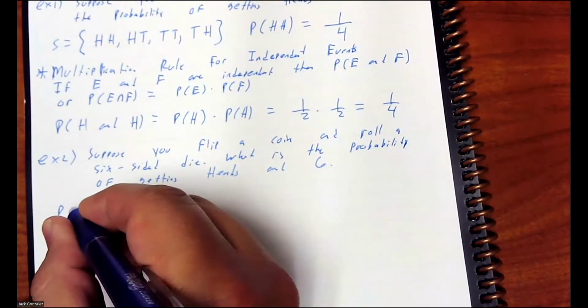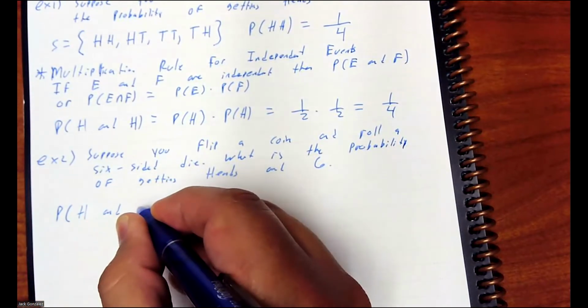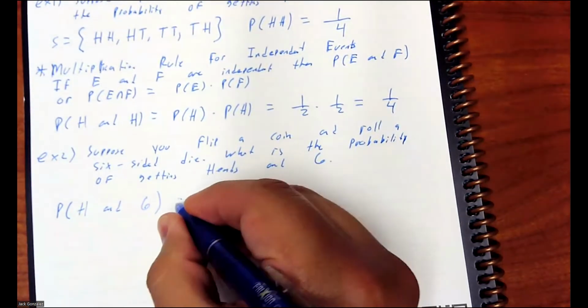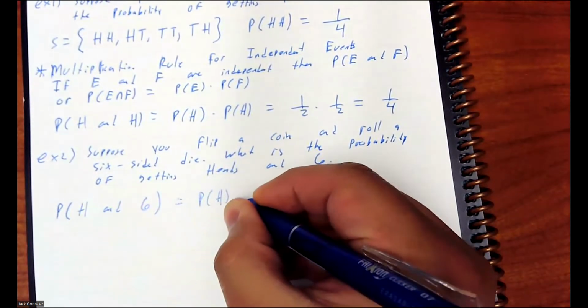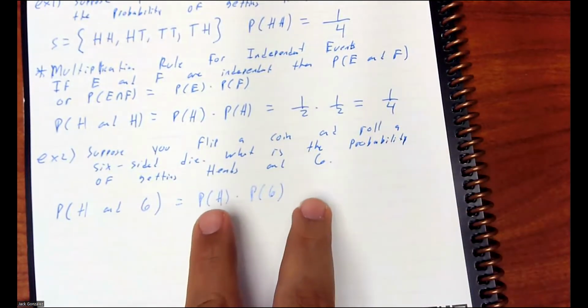So the question is the probability of heads and 6. That's the same as saying P of H times P of 6, because they are independent. You can just do this.